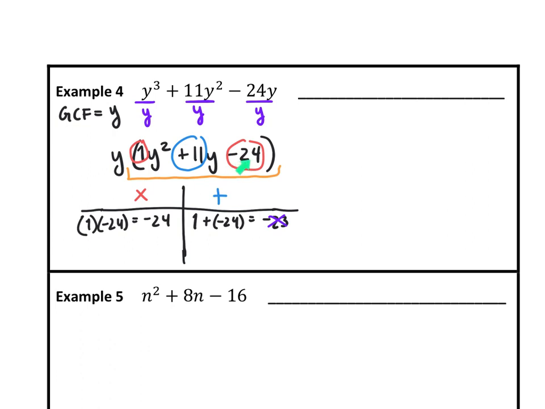But I want to get a negative 24, right? So that means, like, let's just try that out. Let's try 3 times 8. Because isn't 3 plus 8 11? Okay, 3 times negative 8 is negative 24. But 3 plus negative 8 is negative 5.